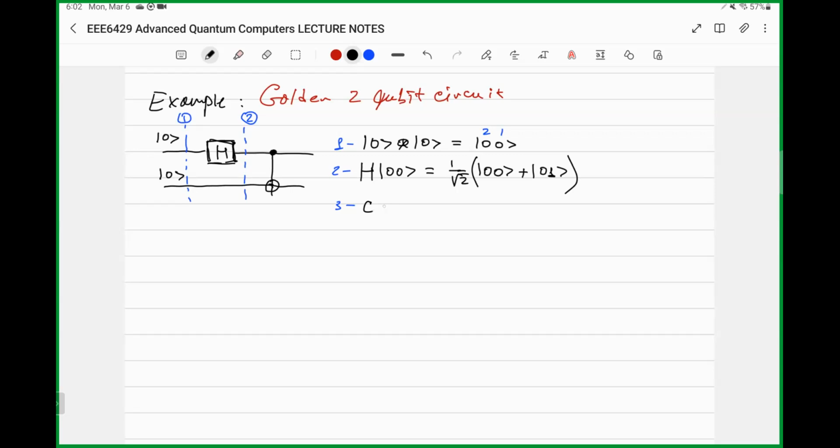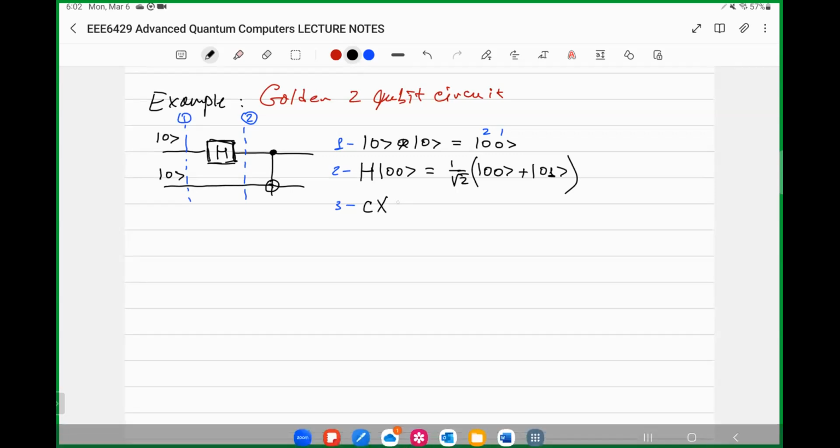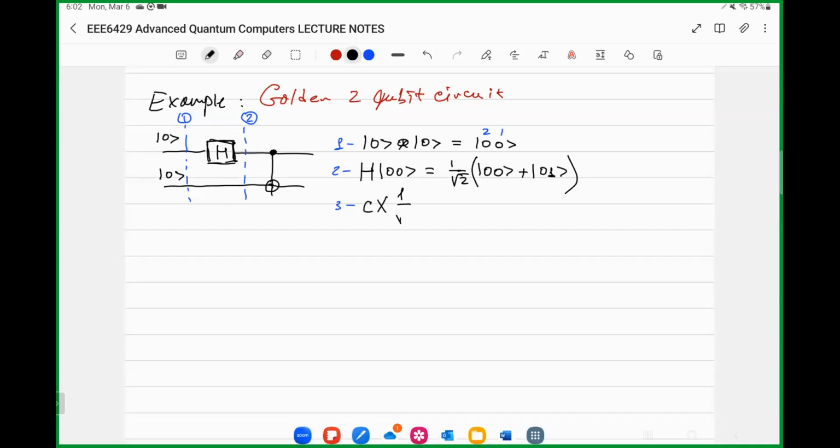So let's do that. We apply the C0 gate to the state 1 over square root of 2, state 0 0 plus state 0 1. Again, I remind you that the first qubit is this one, the second one is this one.